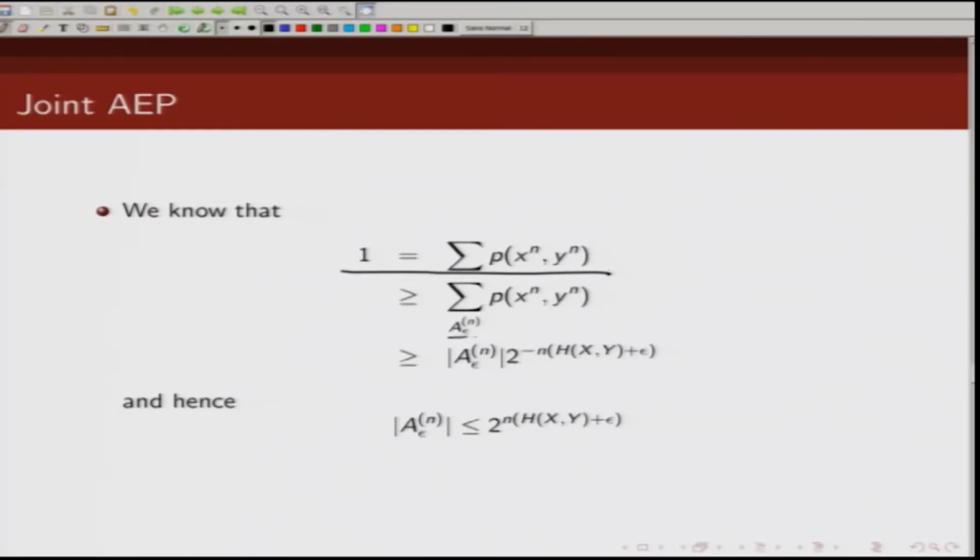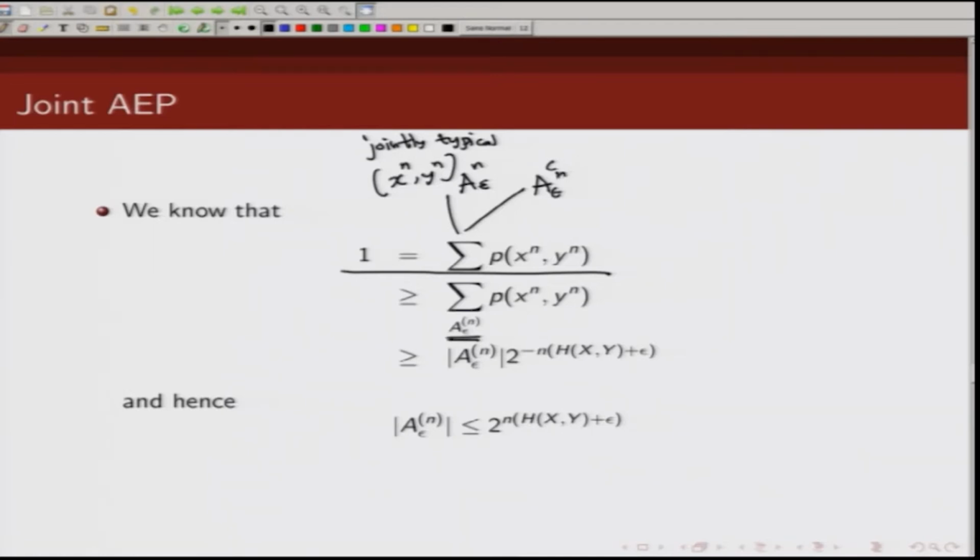Now, if we sum over only the jointly typical set, you can think of it as one set where x^n and y^n are jointly typical, and then there is a set which is the complement of this jointly typical set.